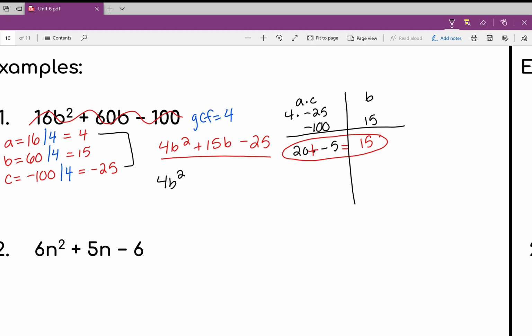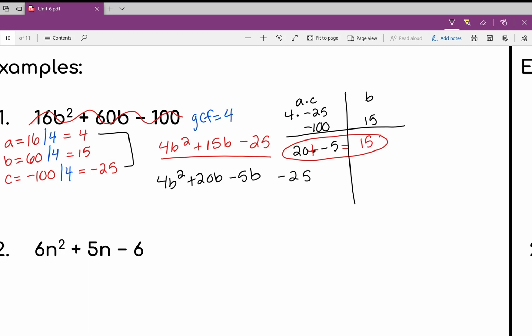For example, if I did minus 5b plus 20b minus 25, I could not factor out a GCF from 4 and negative 5. Because of that, I'm going to have to switch these two numbers. So I'm going to write plus 20b minus 5b and then the minus 25.